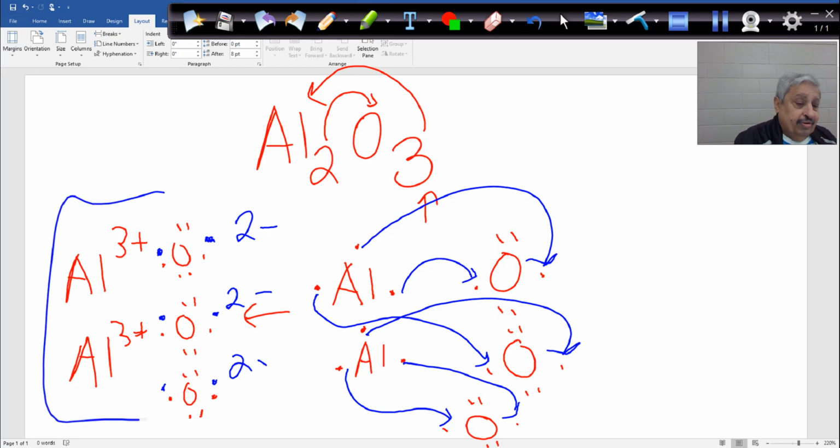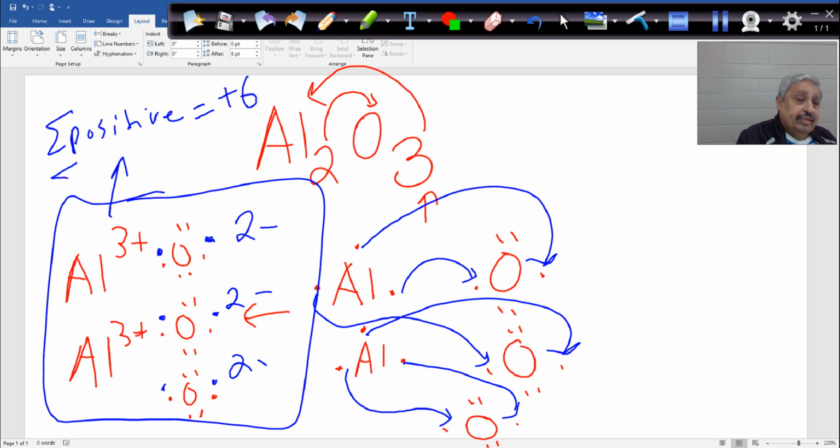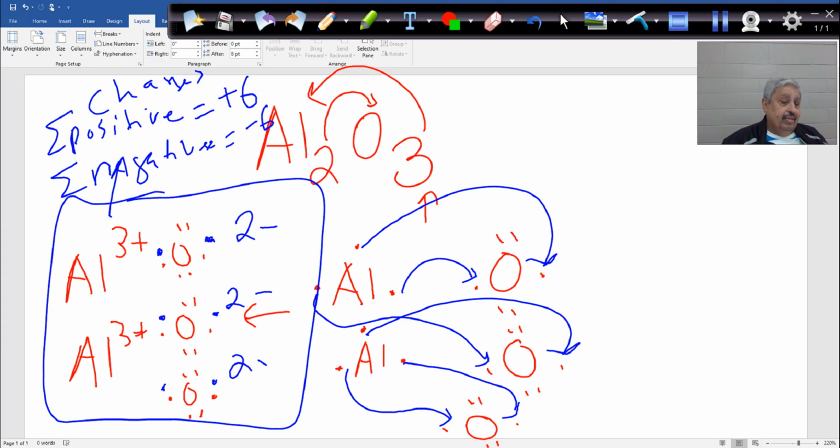So the number of positive charges in this Lewis dot structure: the sum of positive charges, how much? Plus 6. The sum of the negative charges here is what? Minus 6. Minus 2, minus 2, minus 2 is minus 6.